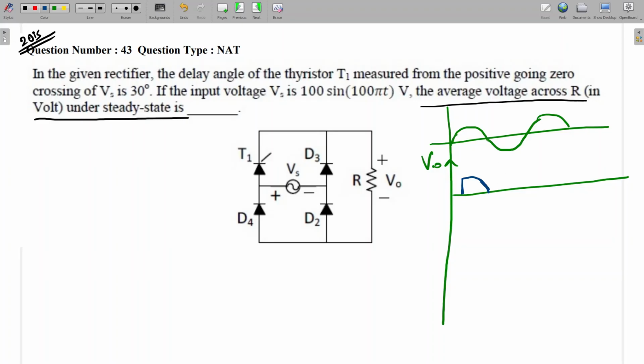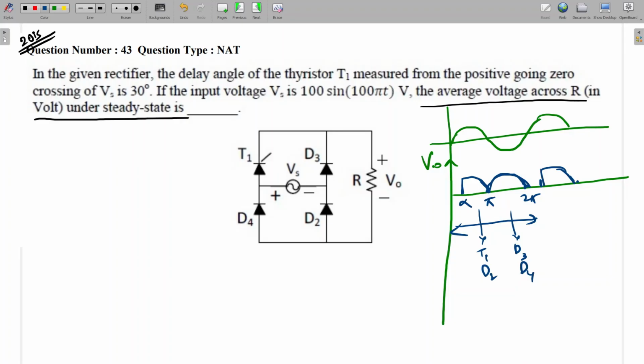And here both diodes are there, so diodes are there means here it will be a full cycle like this. This is alpha, this is pi, this is 2 pi. Again it will repeat like this only. So this is one whole cycle, here to here. So alpha to pi, T1 D2 is conducting, and pi to 2 pi D3 D4 is conducting.